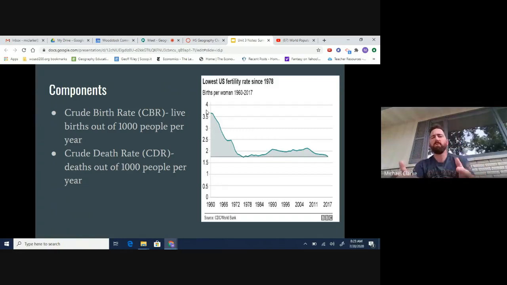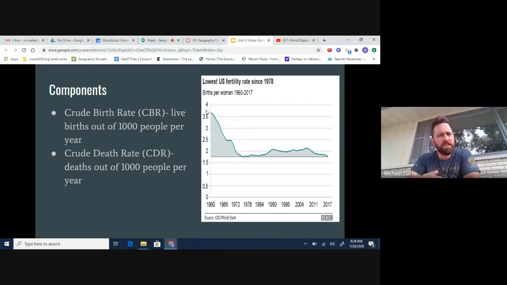So that's another component we're going to talk about, is why do birth rates fall? The United States birth rate, along with that of a lot of European countries, has really flatlined, meaning fallen dramatically. So we're going to talk about that.